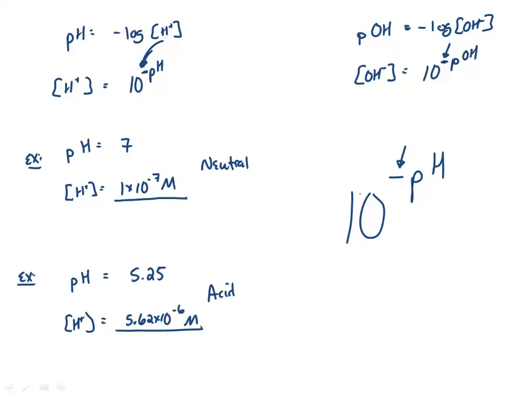Okay, one last thing for this little pH part is that I have two formulas. I always know that the concentration of H plus times the concentration of OH minus is 1 times 10 to the minus 14 molar.